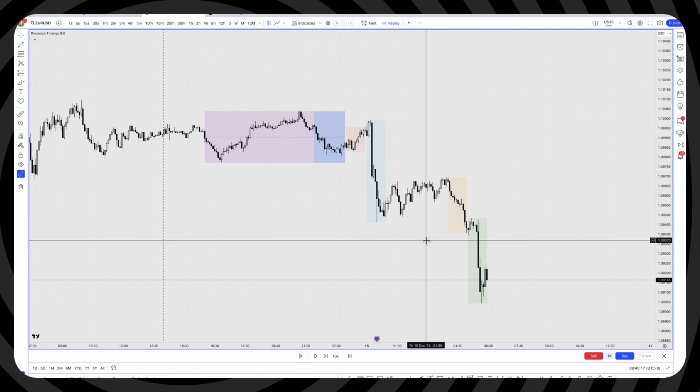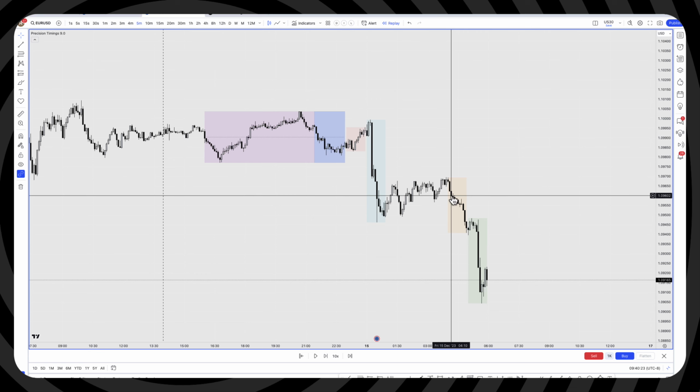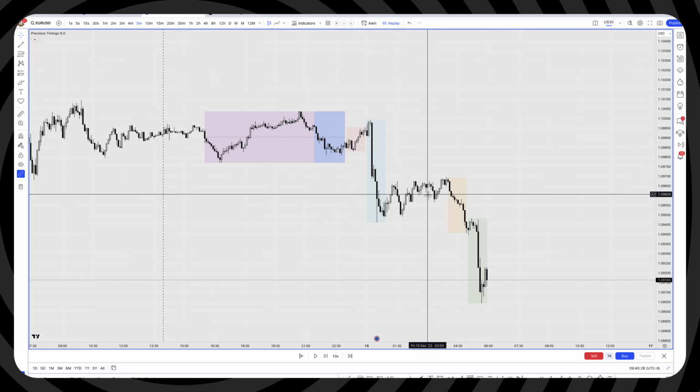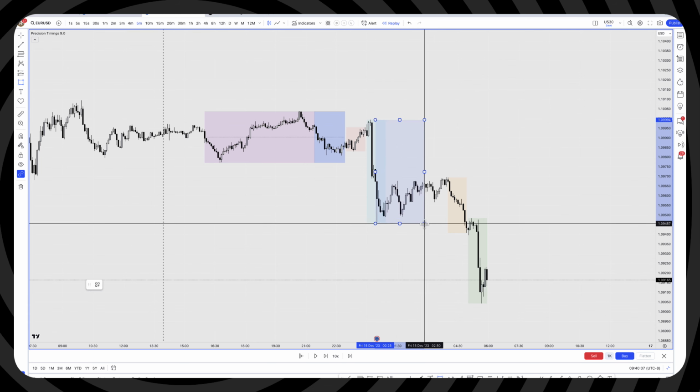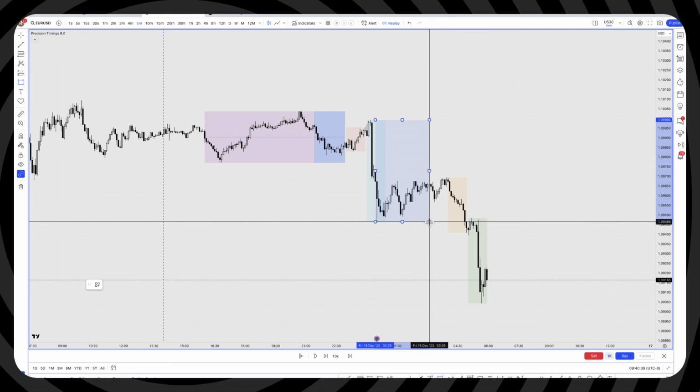At 3 o'clock my time, this will be different on your time, but an easy way to gauge that would be an hour back from this orange box, which is the dead zone, where London volume drops. So your highest probability move for London is going to come from here to here.